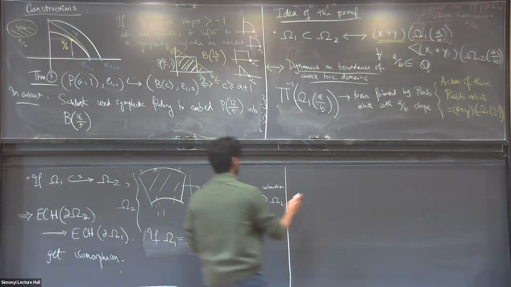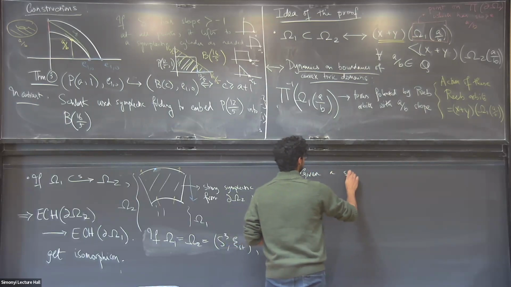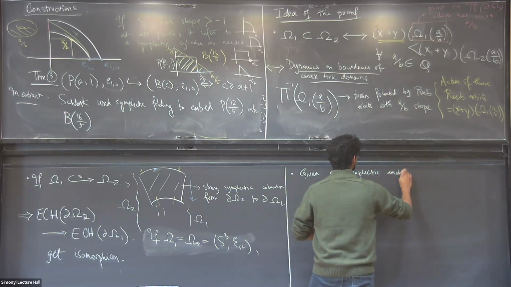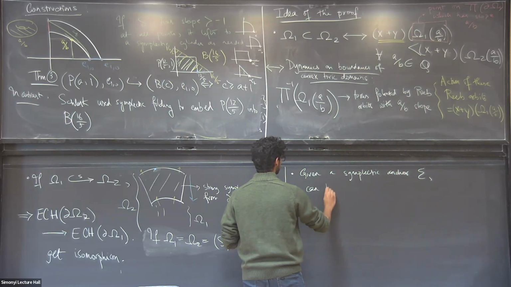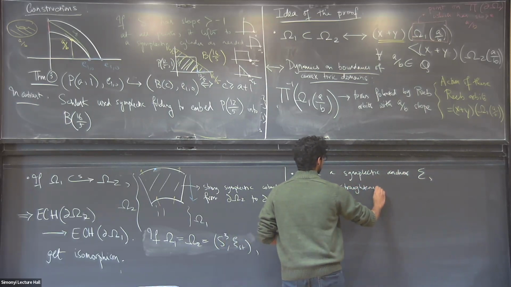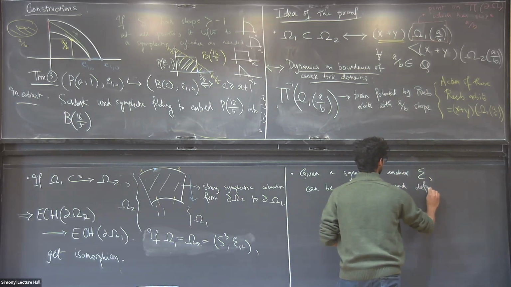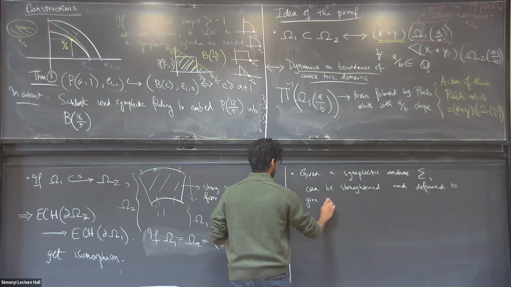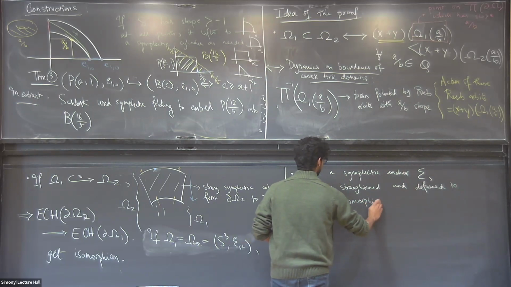And then the final ingredient is that given the symplectic surface sigma, it can be straightened and deformed to give a holomorphic curve.